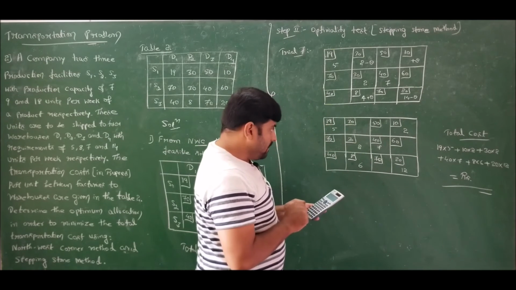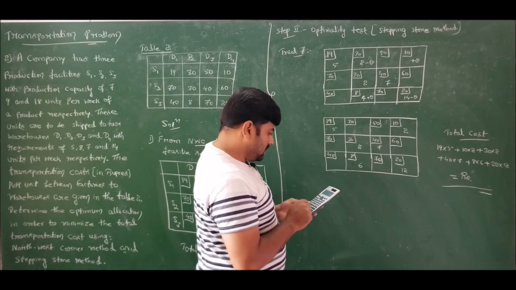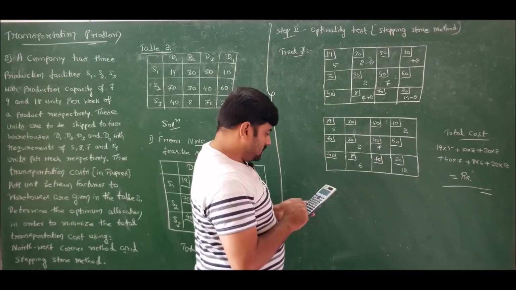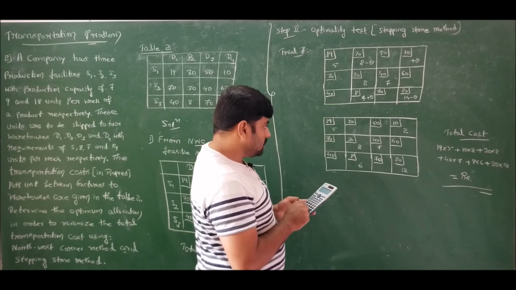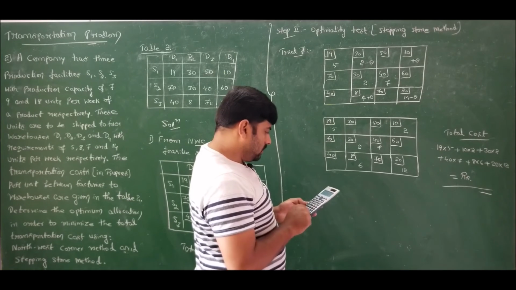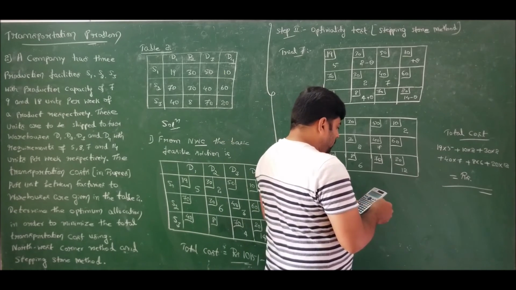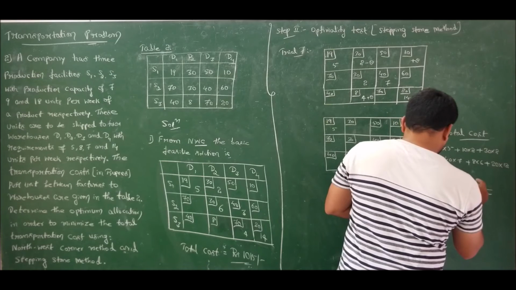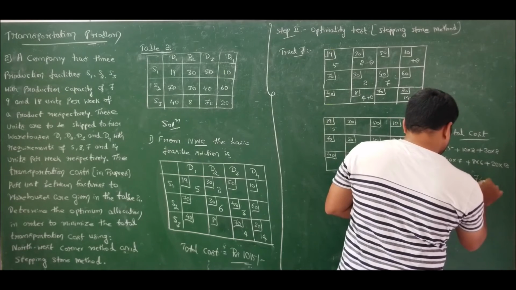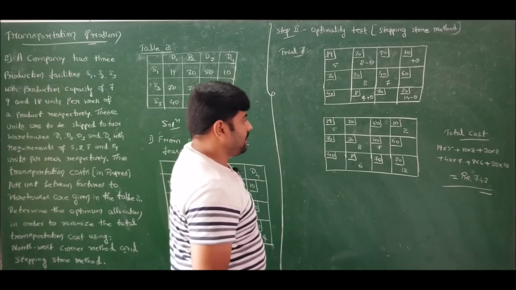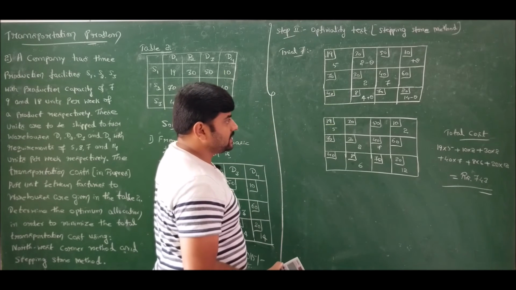Let me check. 19 into 5 plus 10 into 2 plus 30 into 2 plus 40 into 7 plus 8 into 6 plus 20 into 12. We are getting it as 743. How come 743? I think I have made a calculation mistake.